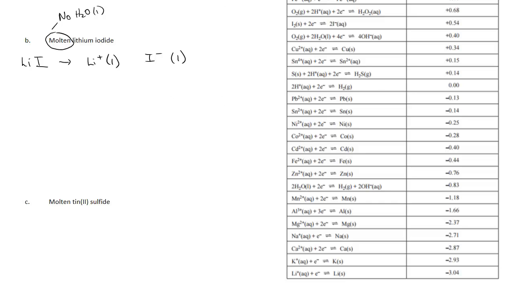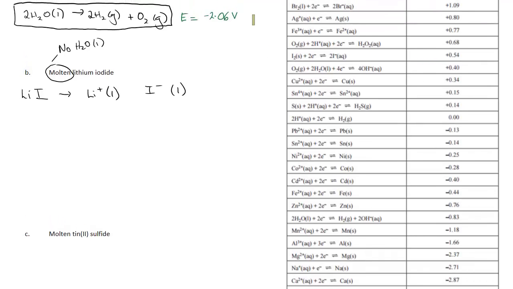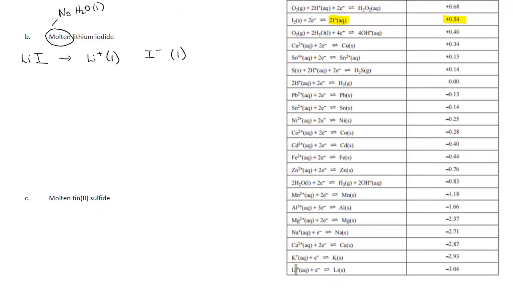So let's find those two chemicals. So we know that we have iodide, which is somewhere, I saw it just a moment ago and now I can't see it. Okay, it's up here. That's the voltage. And then we've got the other equation, which is lithium, down here. So in the electrolysis of this solution, it's not a solution, it's a molten solution.